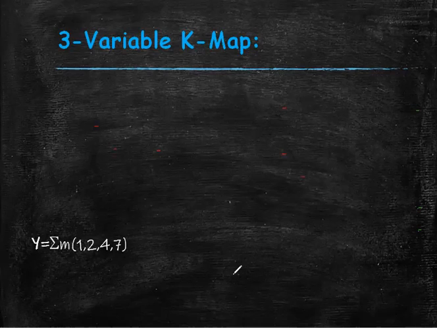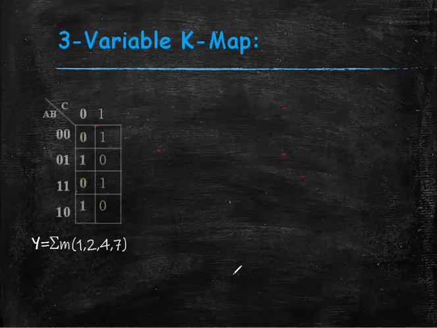For these 4 cases, the output is high. Then from this SOP, we have to obtain the truth table, Boolean expression, and K-map. First, we write the K-map. Directly, we can obtain the K-map.